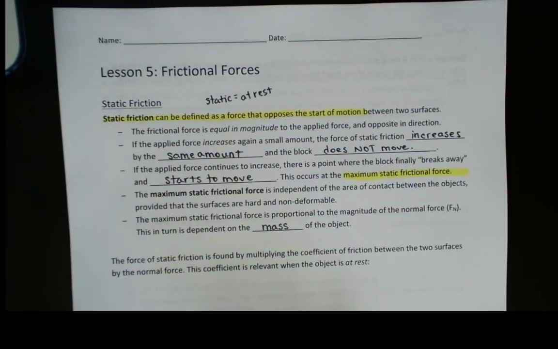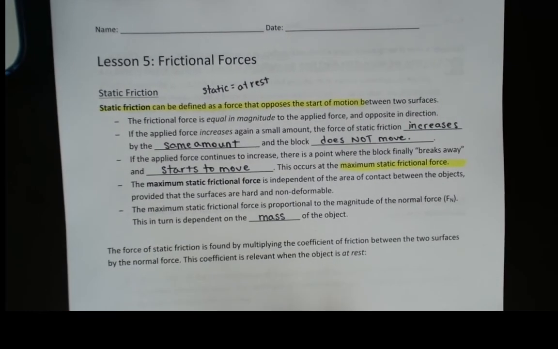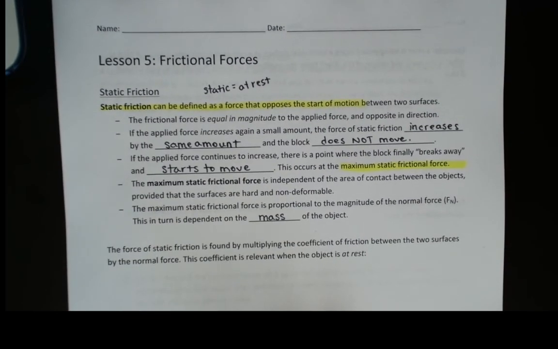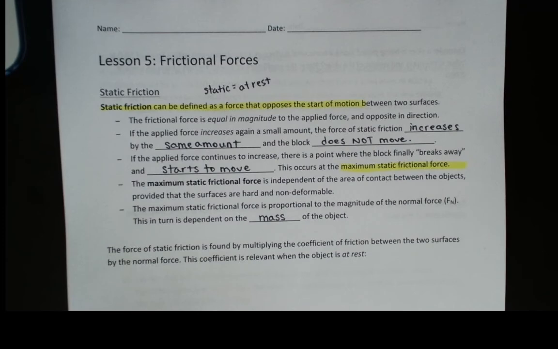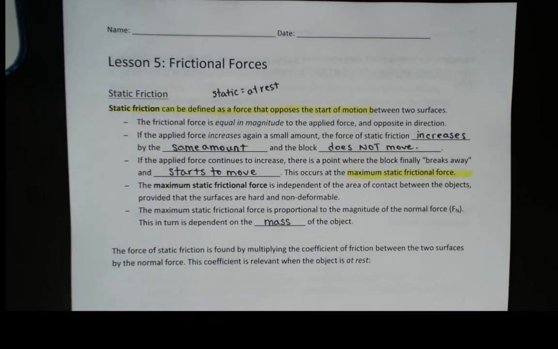It doesn't matter how much of the objects are in contact with each other. There isn't more or less friction if you have more surface area touching versus not much surface area touching. But the maximum static force is proportional to the normal force. Normal force depends on the mass of an object.